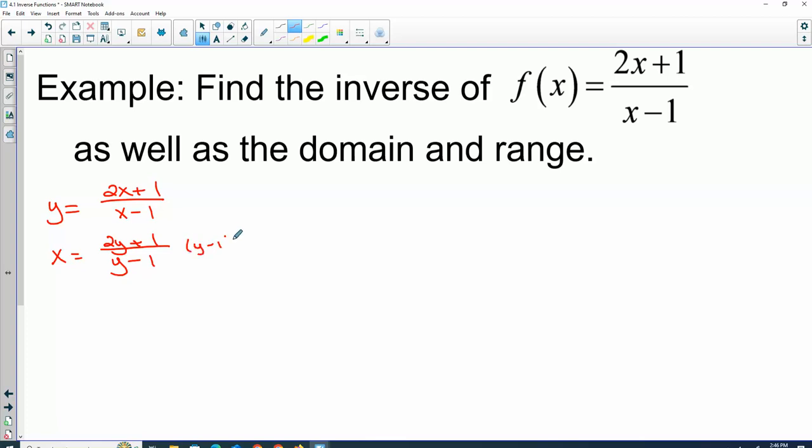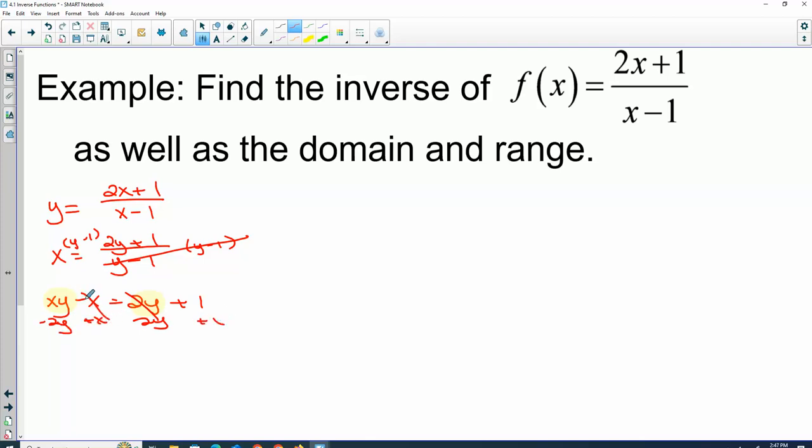Okay. So if we distribute, we get xy minus x equals 2y plus 1. I'm trying to solve for y. I have y in 2 different spots. So I need everything with a y on one side. So I'm going to subtract over this 2y. And everything without it on the other side.